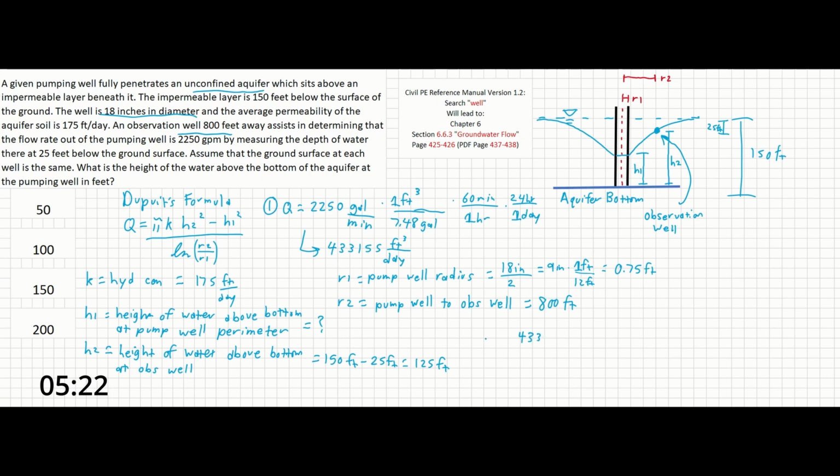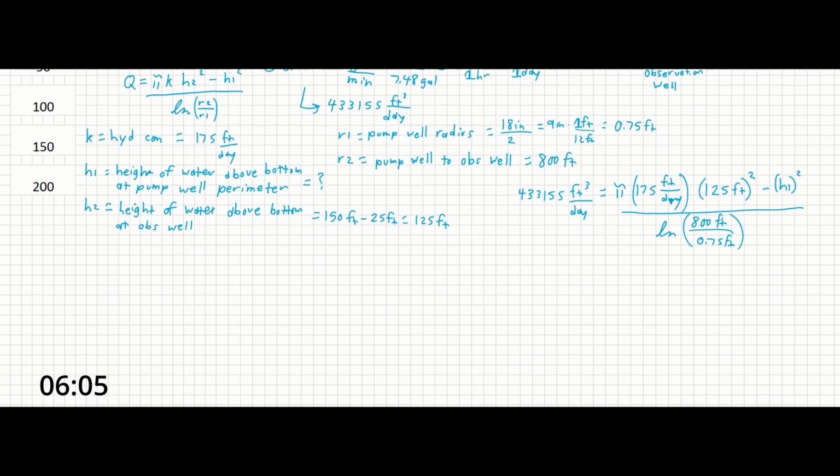Rewriting Dupuit's formula over here with our knowns in it, we can say 433,155 feet cubed per day equals pi times K, which is 175 feet per day, times H2 squared, 125 feet squared, minus H1 squared, over ln of R2 over R1, which is 800 feet over 0.75 feet.